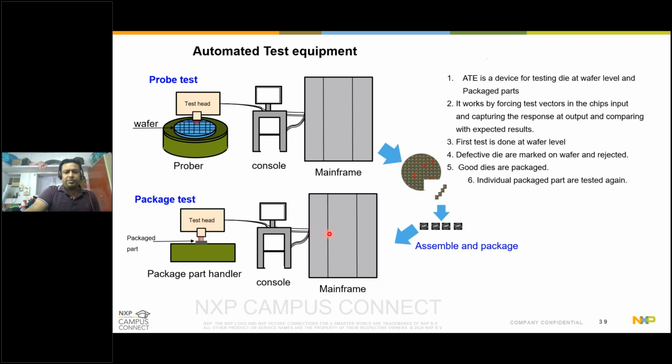Any faulty chip, because of packaging or because of the way you cut your individual parts, would be rejected in package test. Wafer test is always the first step in testing, so that you can identify defective parts at the wafer level itself and save the cost of packaging those defective parts.